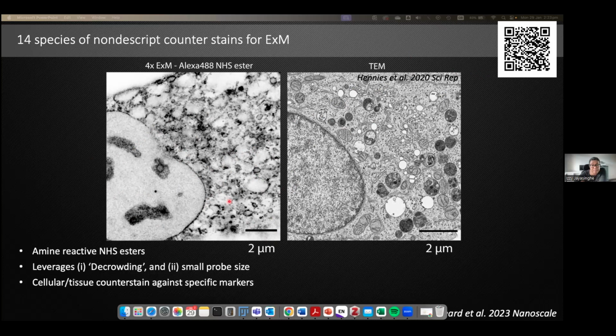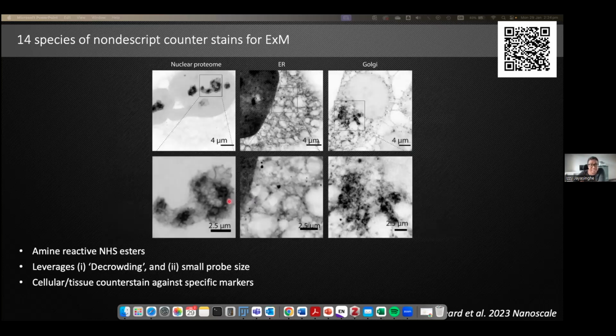And it leverages the concept of decrowding, which happens implicitly in the process of digesting a sample in the expansion microscopy protocol, the spaces that are made available and the processes that are unraveled that are amenable to being stained.